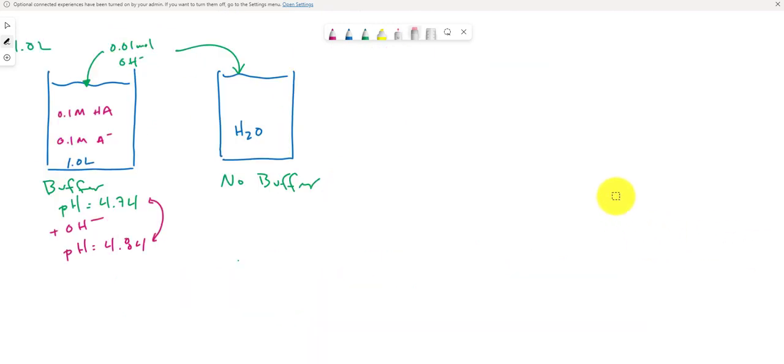So in summary, what we had is this buffered solution where we had equal parts of the acid and its conjugate base. If we just computed the actual concentration of hydronium ion and its corresponding pH, that'd be about 4.74. And then we added a bunch of strong base and it shifted only to 4.84. So there was this resistance to pH change upon addition of hydroxide.